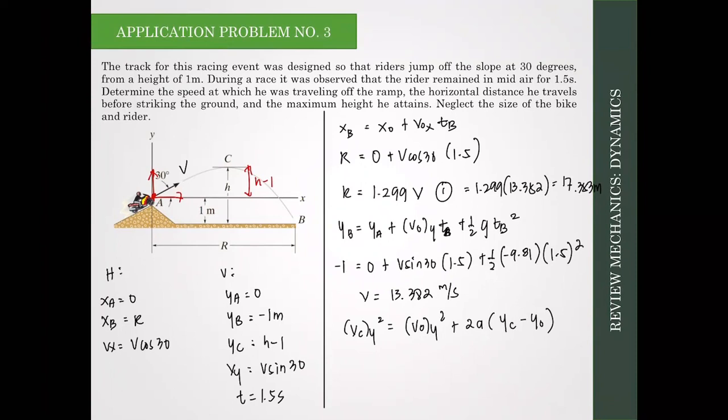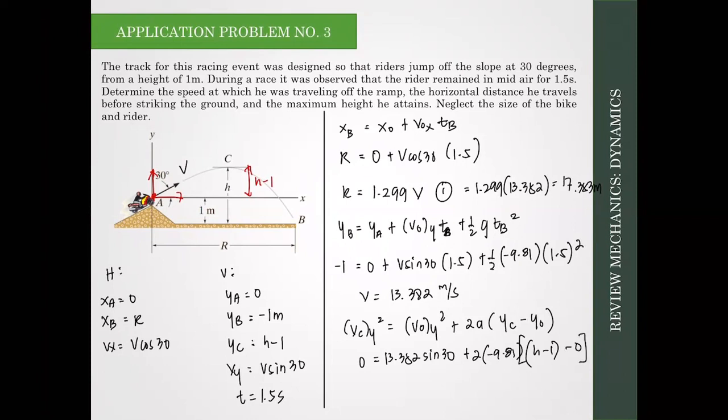So kaya ito will be 0 is equals to yung V0y natin is 13.382 sine 30, no? Plus 2 times negative 9.81. And then yung value ng Yc natin is, again, H minus 1 tayo, minus 0. No? So wala naman yon.